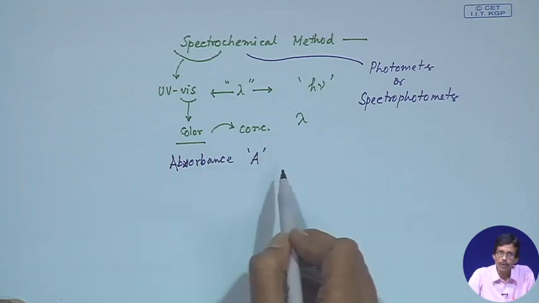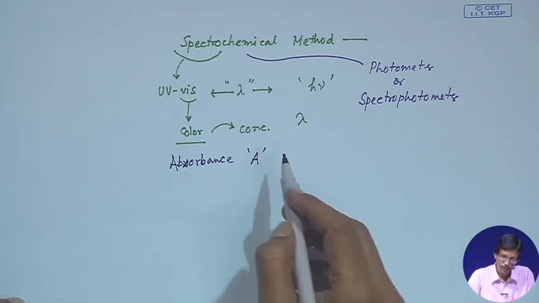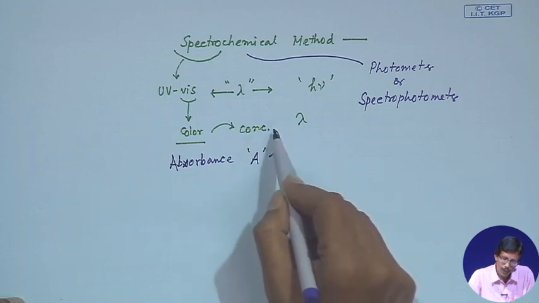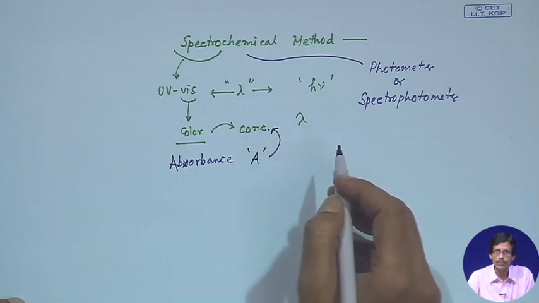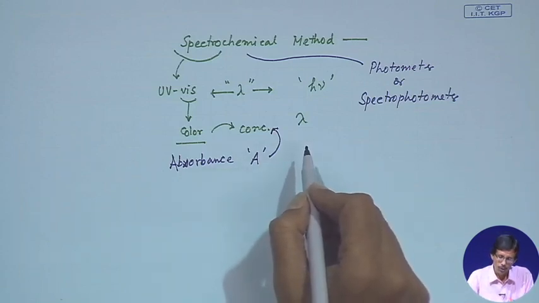So, the amount of absorption, earlier we used to call it absorptivity, will then be correlated directly to the concentration following some law or rule.